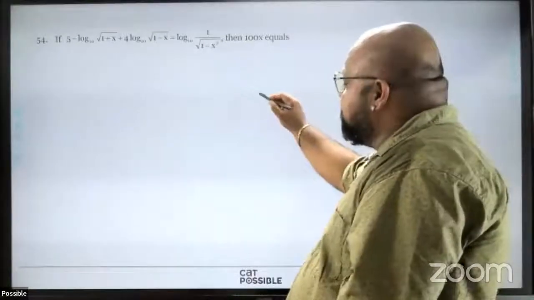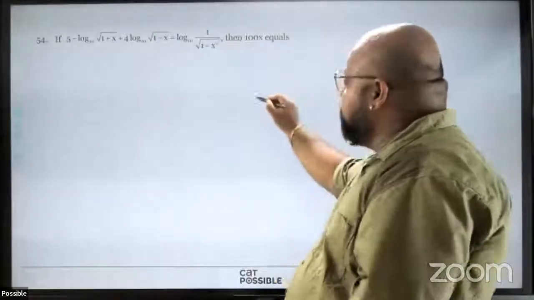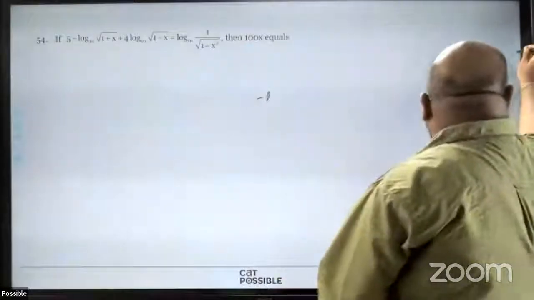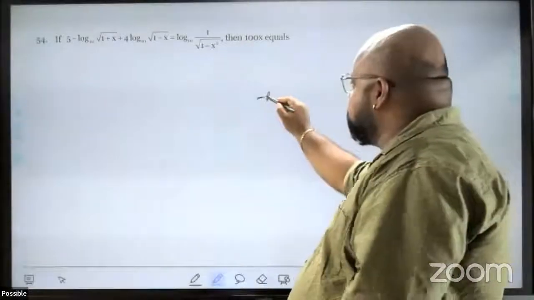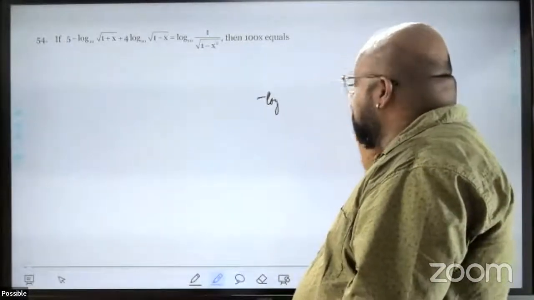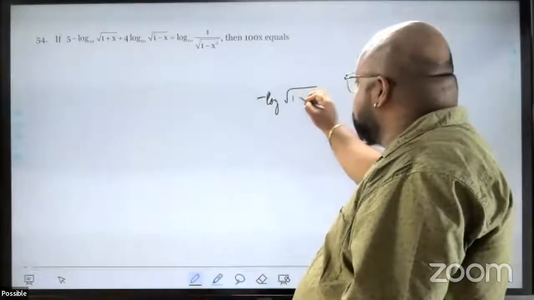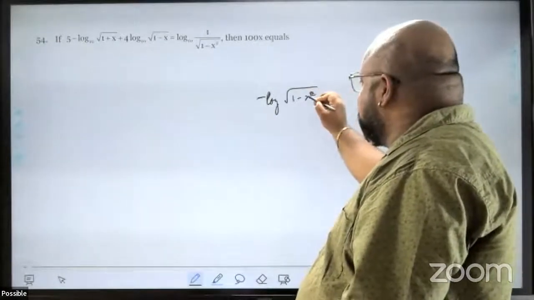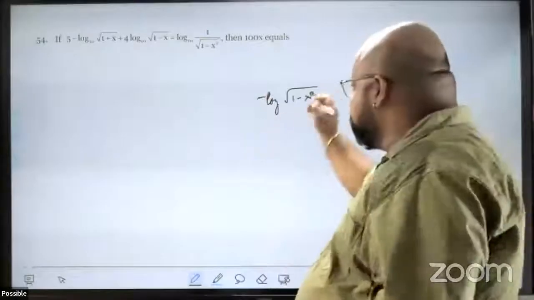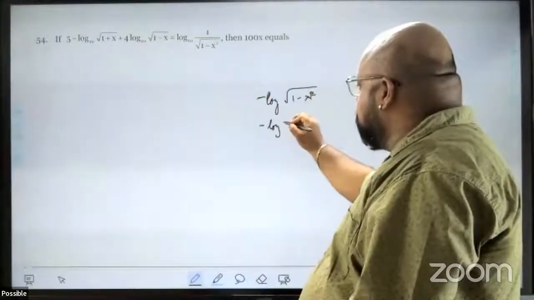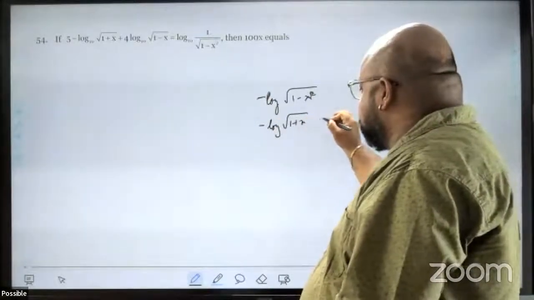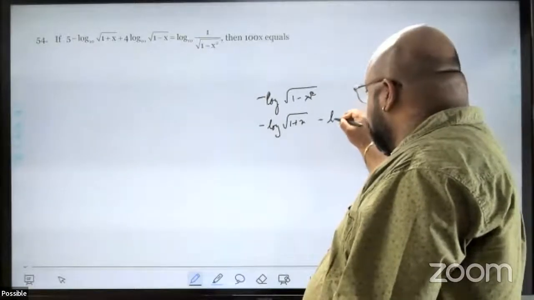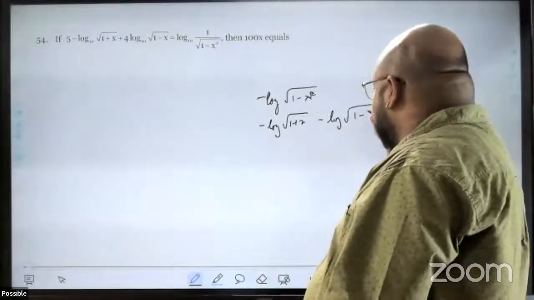On the right hand side, I can take the inverse of it. Therefore, this becomes minus log of root 1 minus x square. 1 minus x square is nothing but 1 minus x times 1 plus x. So this becomes minus log root 1 plus x minus log root 1 minus x.